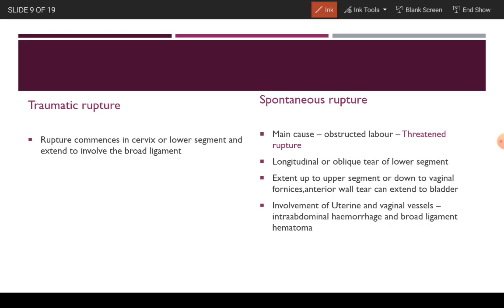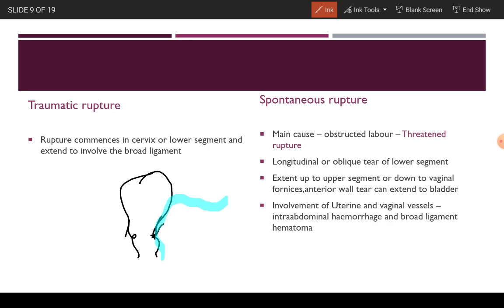So in traumatic rupture, usually in the uterus, the rupture starts from the cervix or the lower segment, then it goes and involves the broad ligament and all.